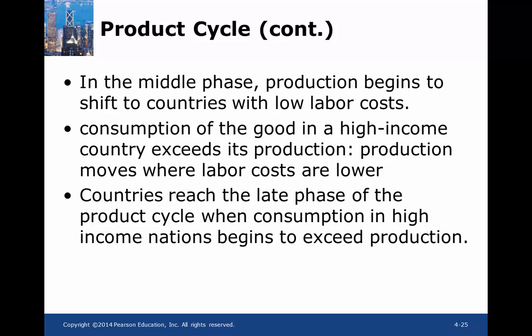Product cycle. In the middle phase, production begins to shift to countries with low labor cost. Consumption of the good in a high income country exceeds its production. Production moves where labor costs are lower.